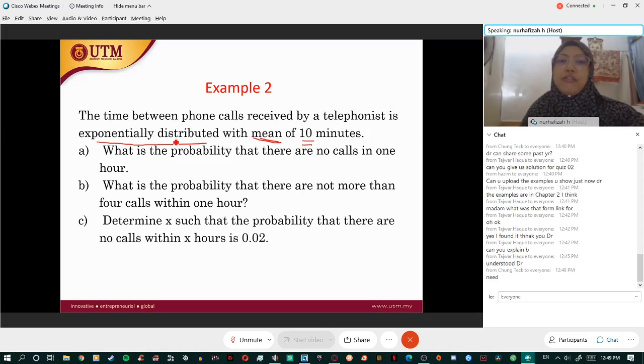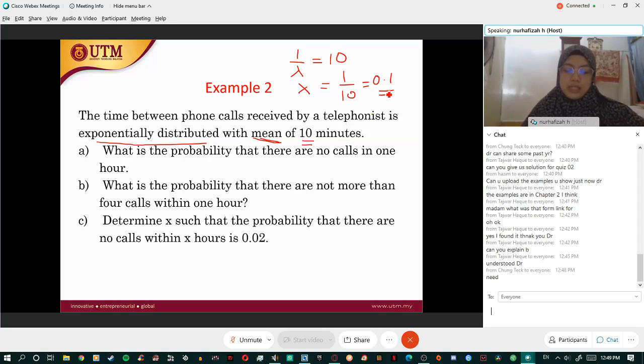The formula for the mean of an exponential distribution is 1 over lambda, so 1 over lambda is equal to 10. That means your lambda is equal to 1 over 10, which is 0.1.